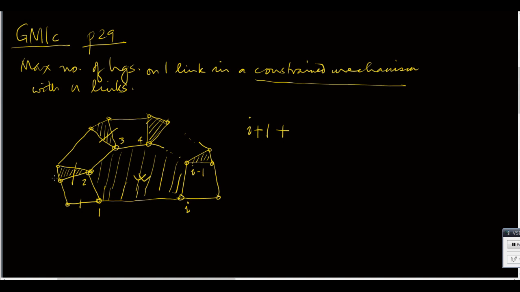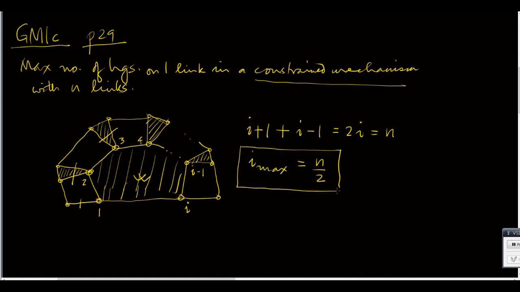There is one between 1 and 2, one between 2 and 3, all the way to one between I minus 1 and I. So that is I minus 1. This is equal to 2I. This is the total number of links. This means I max is equal to n by 2. This is a basic thing that we just concluded from consideration of this picture.